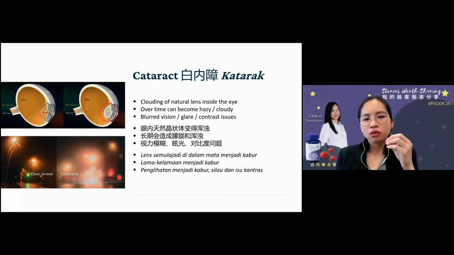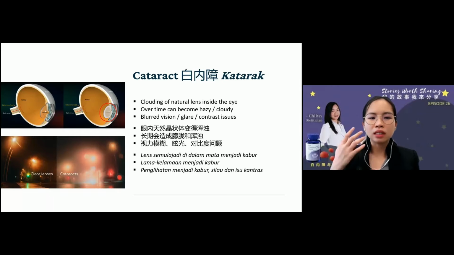However, if you look at the right picture, you'll see that the lens looks cloudy and hazy. That means cataract is already occurring, because your lenses have become cloudy and hazy.